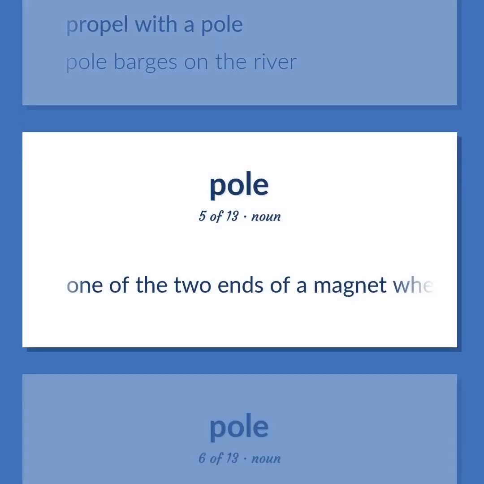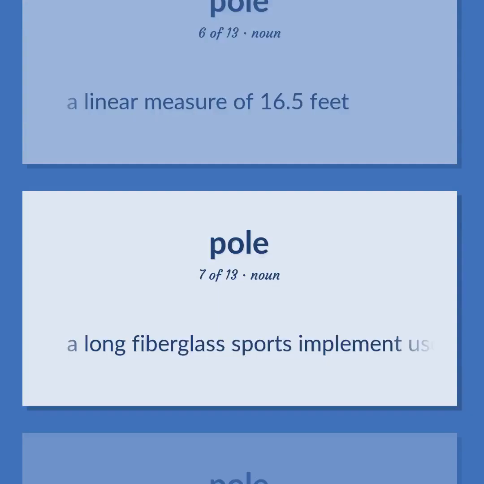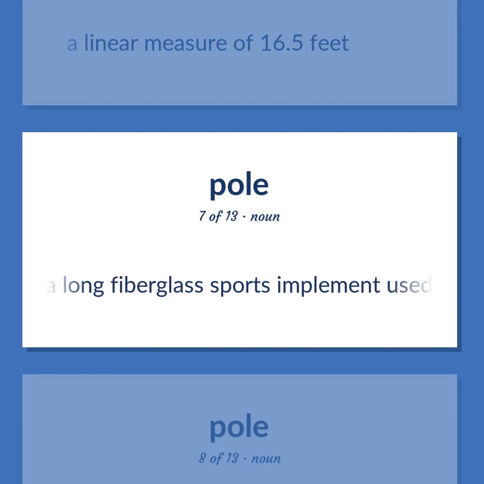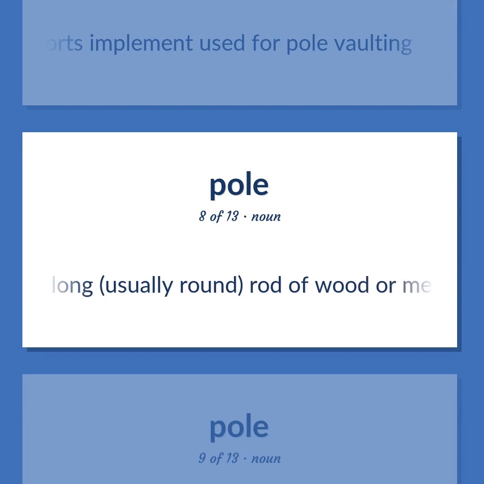One of the 2 ends of a magnet where the magnetism seems to be concentrated. A linear measure of 16.5 feet. A long fiberglass sports implement used for pole vaulting. A long, usually round, rod of wood or metal or plastic.